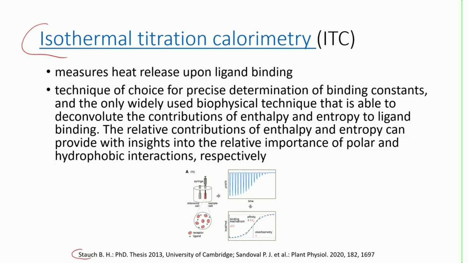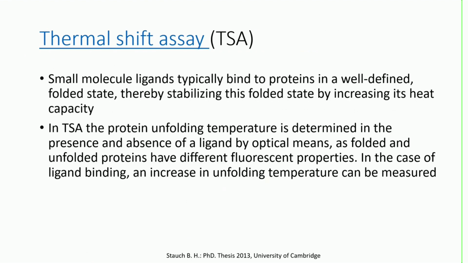Isothermal titration calorimetry is based on measurement of heat. So we measure the calories during the binding of the ligand to the target, to the protein. So it's the isothermal titration calorimetry. And the last method is thermal shift assay.